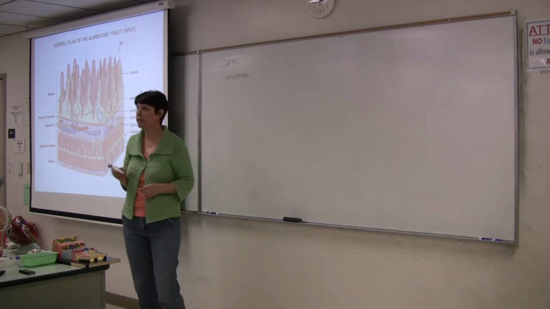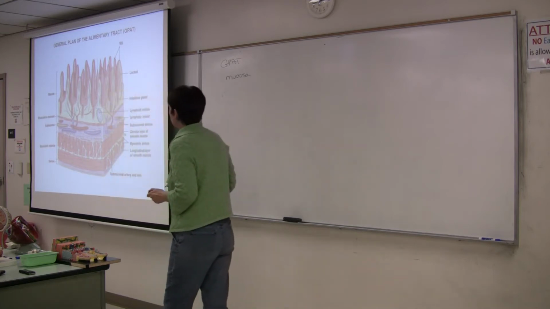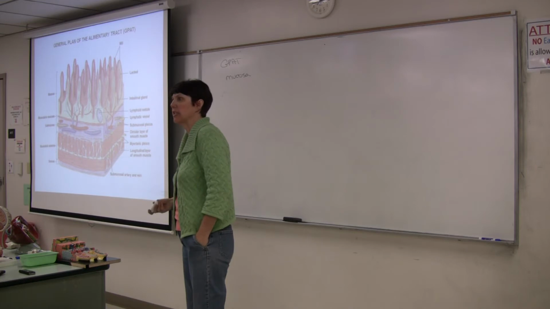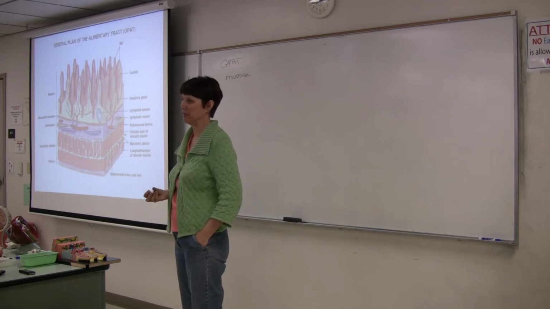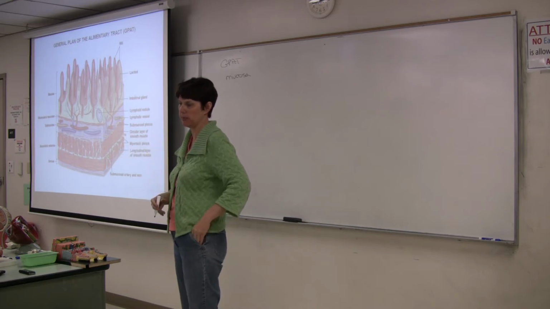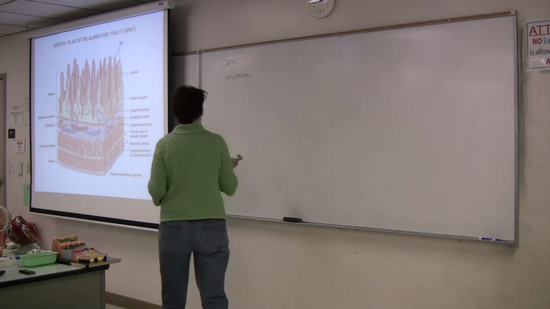Because of the importance of the small intestine for digestion, that leads to the importance of surface area. So we need a lot of surface area for secretion of enzymes and absorption of product.